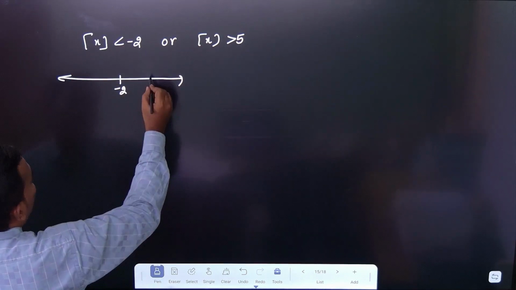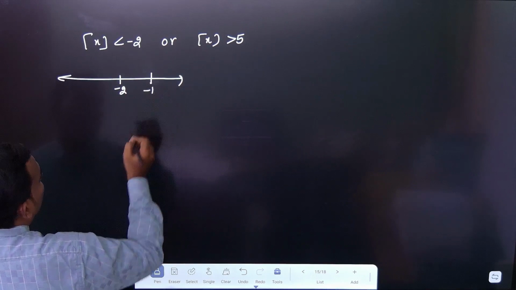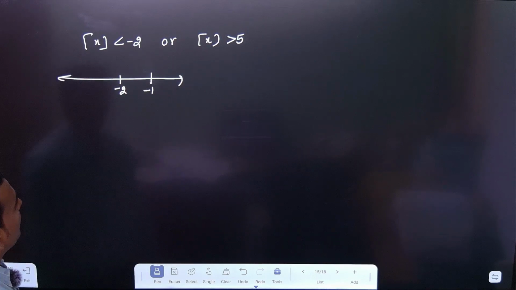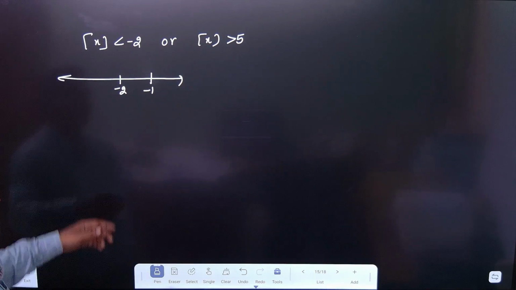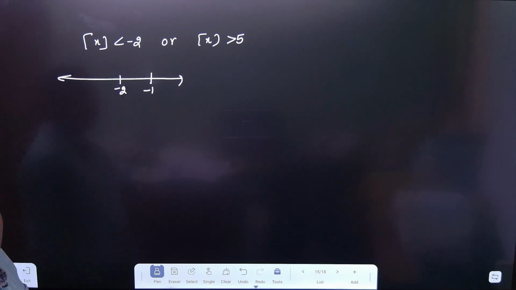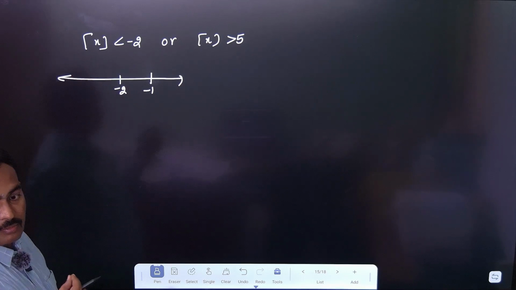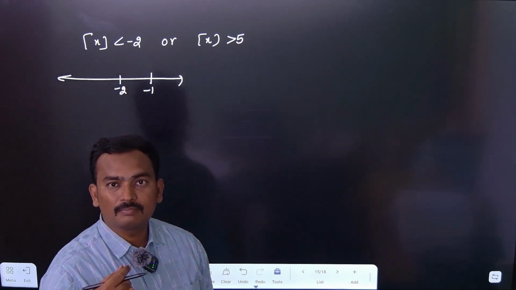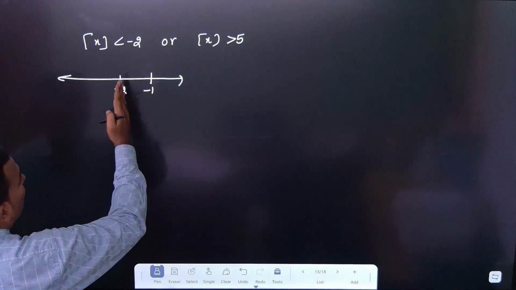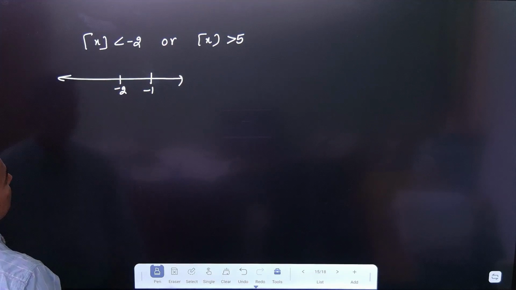Yes. But when you take minus 1.5, the greatest integer function is what? Minus 2. Minus 2 less than minus 2, not possible. You should not take more than minus 2, right?